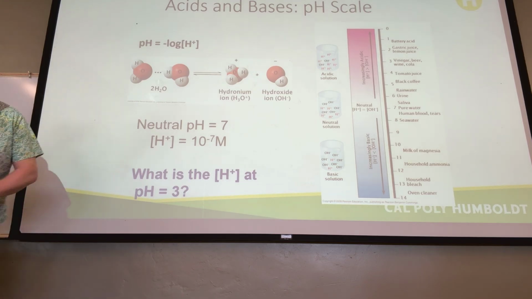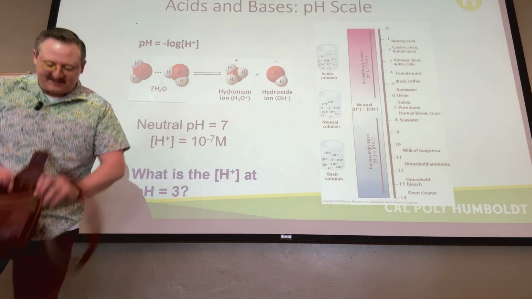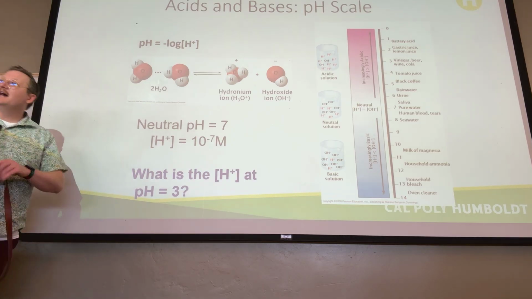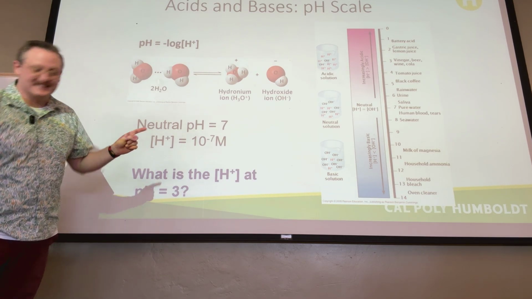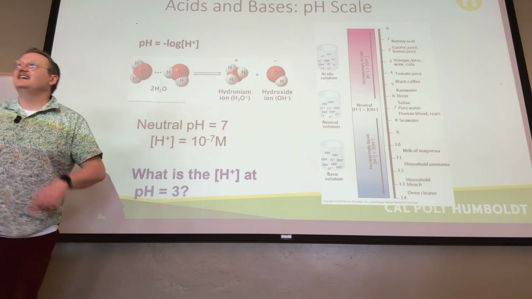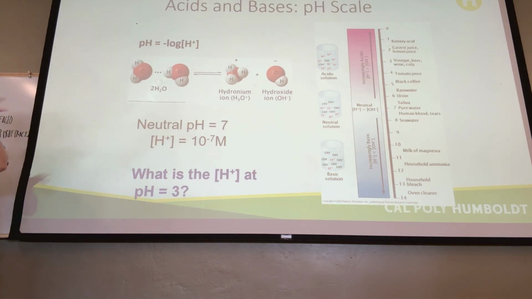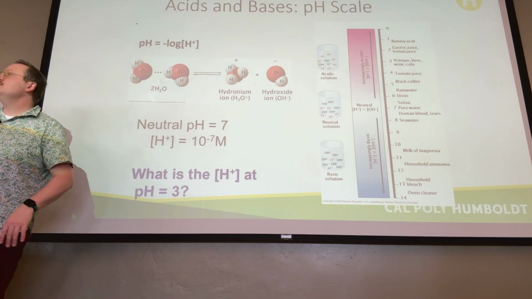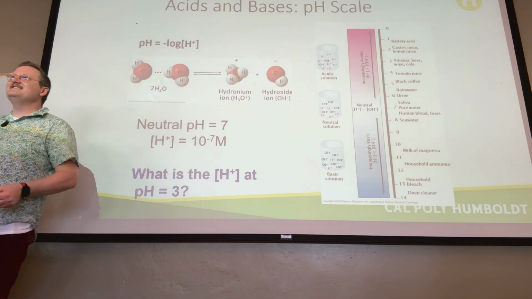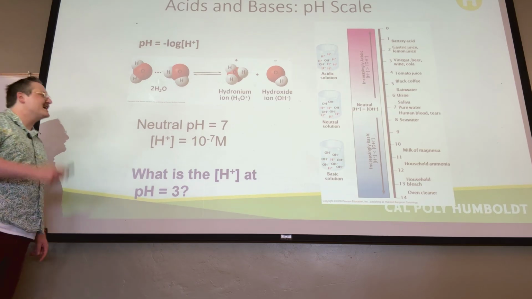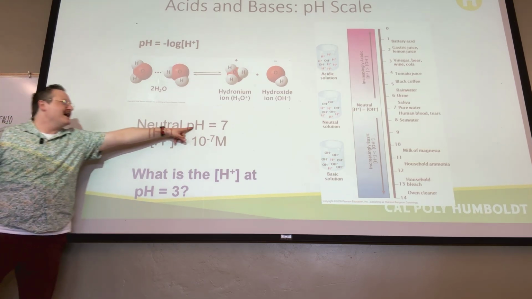Okay. So why is a pH of 7 a neutral pH? Because at that point, we've got the same concentration of hydrogen ions as hydroxide ions. So the net charge of the solution is neutral because it's the same concentration of positively charged hydrogen ions and negatively charged hydroxide ions, all right?